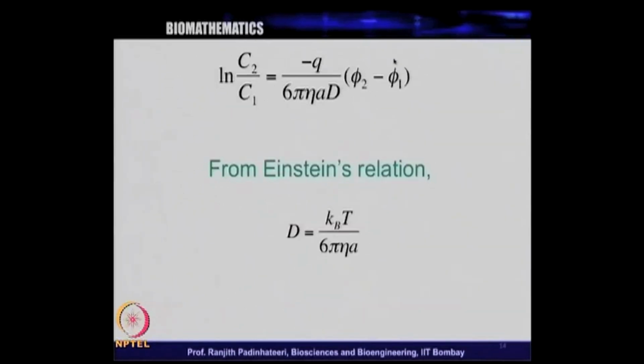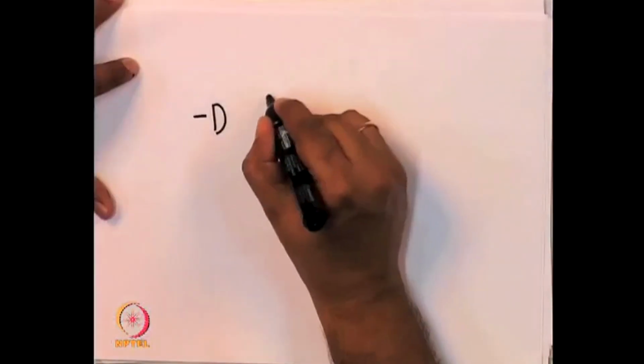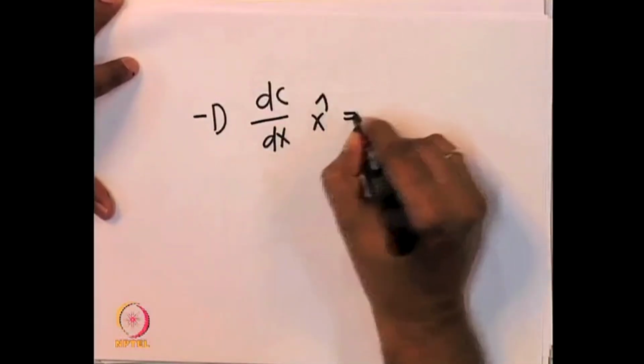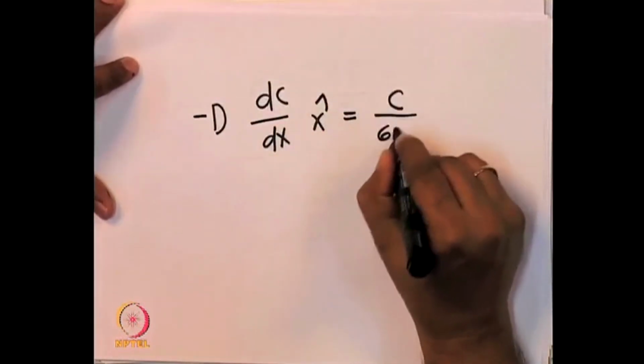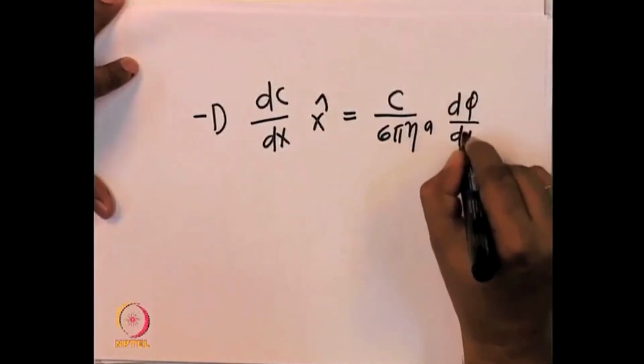If you do this integral, there is a minor typo here. So, the right way to write these equations, let me write. So, have a look at this equation. Let me write it here: minus d dc by dx x cap is c by 6 pi eta a d phi by dx.